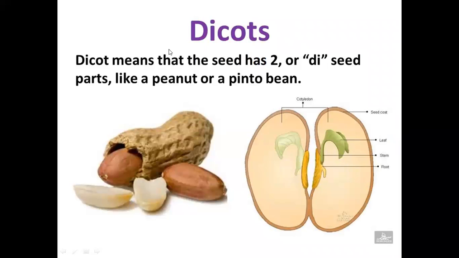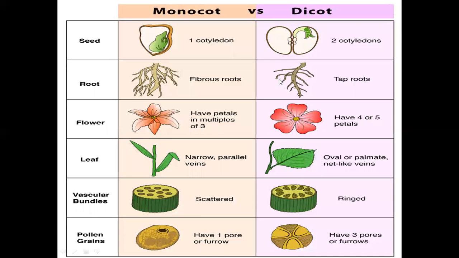It means that the seed has two parts. In case of a monocotyledon, there is only one part to the seed. They've given an example of a peanut or a pinto bean. So this is another classification of the monocot versus the dicot, which has one cotyledon or two cotyledons.